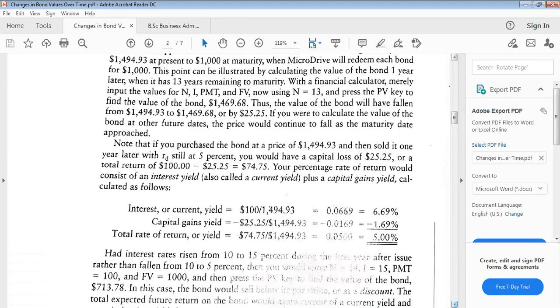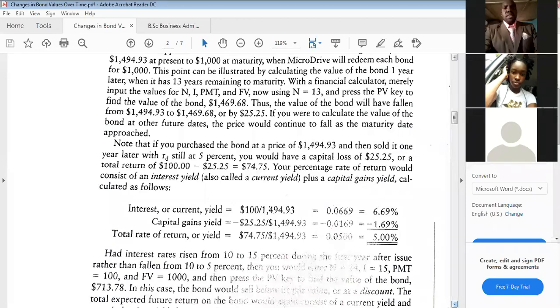So your interest or current yield would be what? Your coupon divided by the purchase price of the bond. That is 6.69%. The capital gains yield now would be negative $25.25.